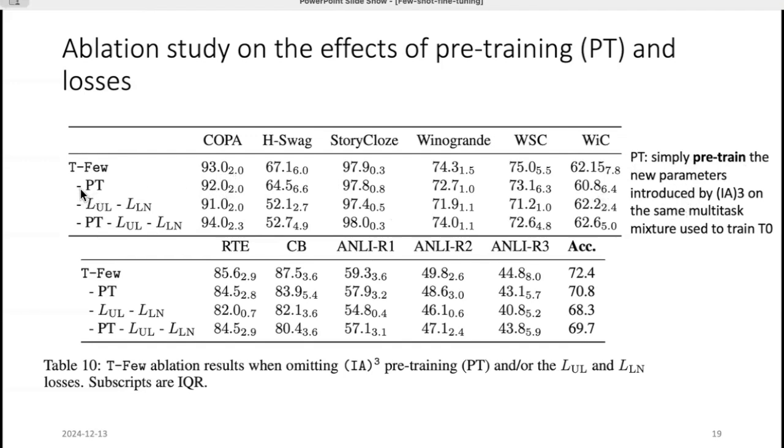If you do not pre-train those new vectors, you see some loss of performance, about from 1% up to 3%-ish here. So overall, I think they measure what step is necessary, what loss gives you the benefits. And it seems like using the pre-training and all these different losses helps on the majority of these data sets.